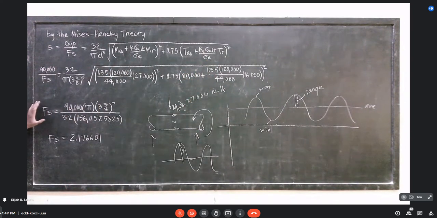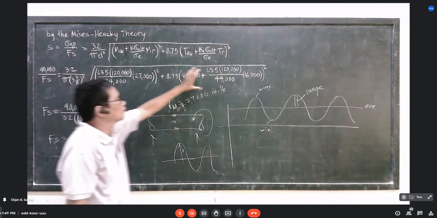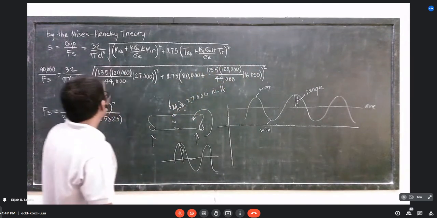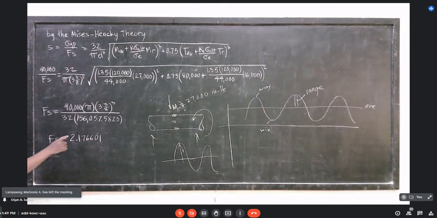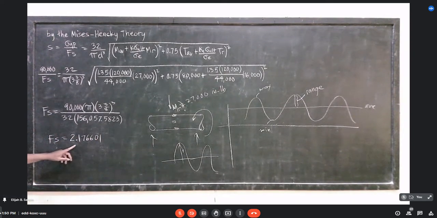Okay, so substitute values, you have 90,000 pi d cube, and then again I calculated the value inside the radical, and then extracted the square root, which is this one. And so our factor of safety is 2.176601.